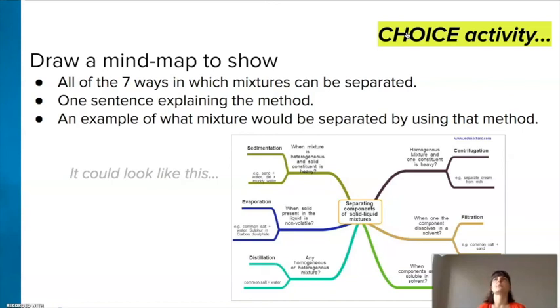Next to filtration, you could put a gas mask for a fireman. Next to hand sorting, you could put, well, you know the answer to that. So you can use whatever examples you want, but I want you to put examples for all 7 different types. And then that's it. You've created a mind map that will help you remember what you learned today. Congratulations.